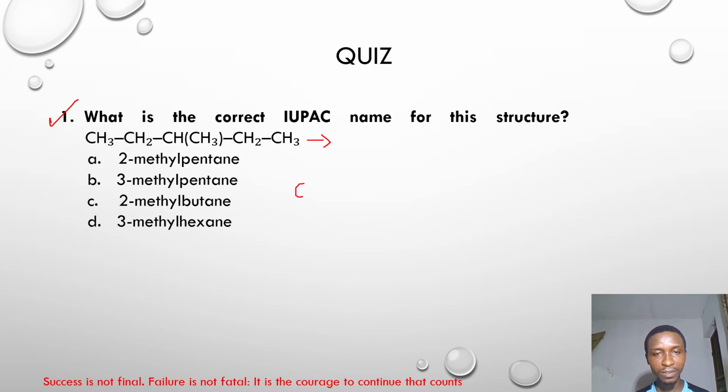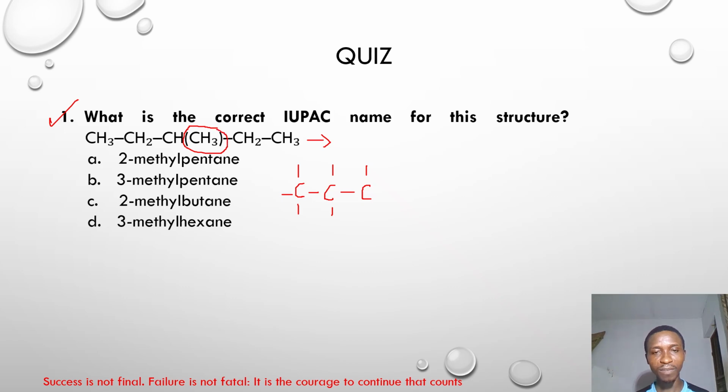We have CH3. Then we have CH2. And then we have CH. We are supposed to have CH2. The moment H is missing here, the second H has been substituted by an alkyl group.